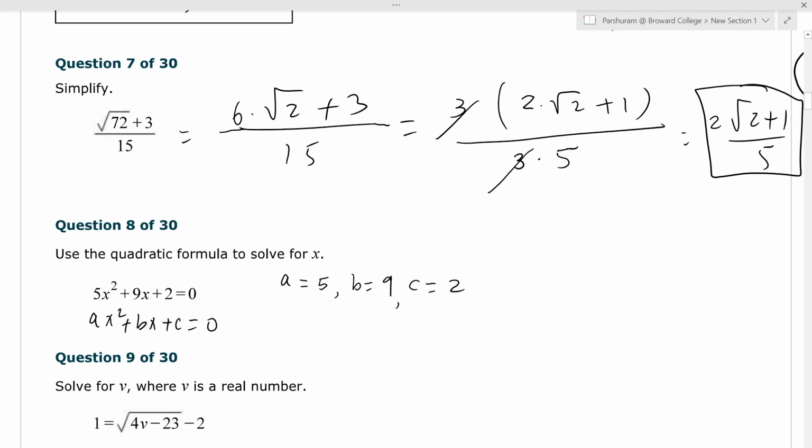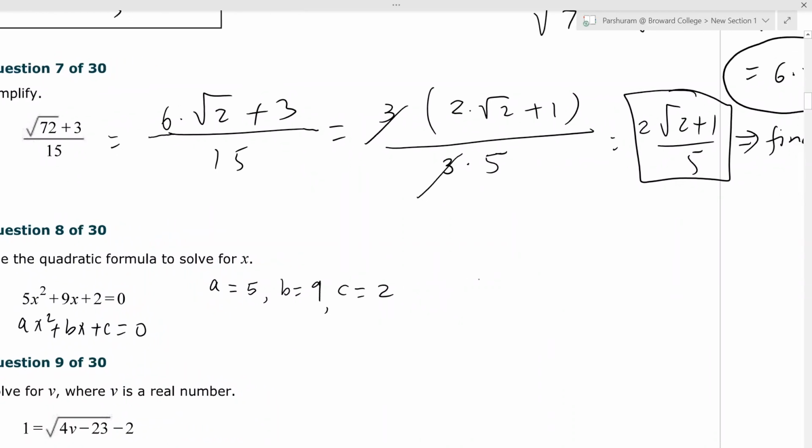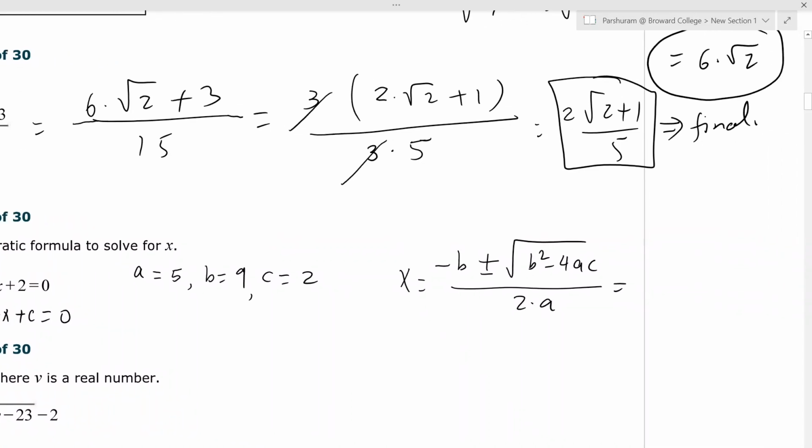Now we're going to use the quadratic formula: x equals negative b, plus or minus the square root of b squared minus 4 times a times c, over 2 times a. That's the quadratic formula. We're just going to plug in the values of a, b, and c here. B is 9, plus and minus, these are the two options.